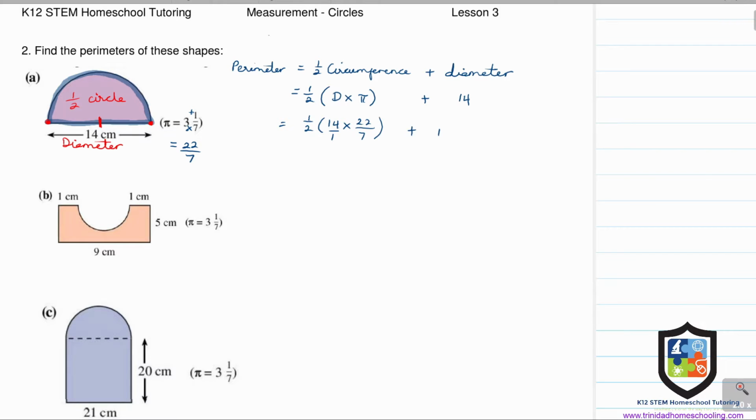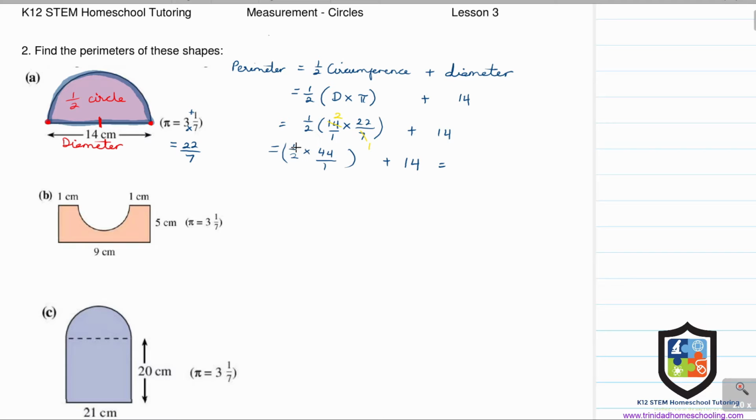Okay, and we're going to add back that 14. Now, we could do some cancelling here. 7 divided by 7 is 1. 14 divided by 7 is 2. So we're really looking at a half of 22 times 2, which is 44. Alright? And then we're going to add that 14.